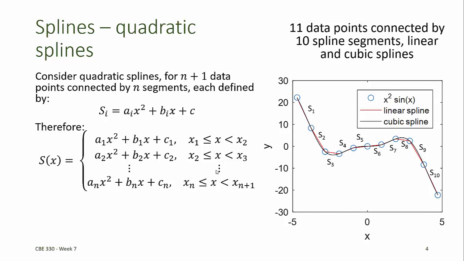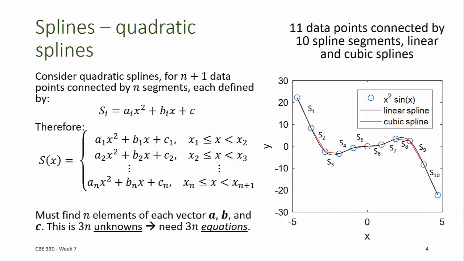Because each of the spline segments is a quadratic, we need a coefficient for the x squared term, a coefficient for the x term, and a coefficient for the constant term. So this requires that we find 3n unknowns if we have n spline segments connecting n plus 1 data points. Therefore, we need 3n equations that will give us these 3n unknowns.